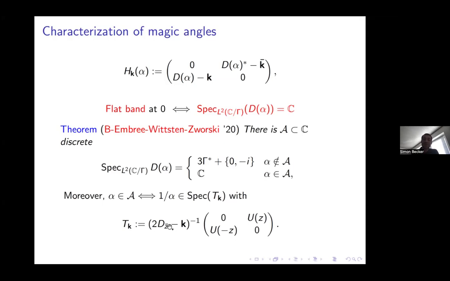So it's 2Dz bar minus k inverse, and then it has our tunneling potential, right? So this is the AB tunneling potential, u of z and u of minus z on the off diagonal.